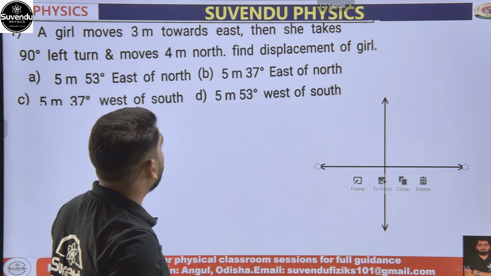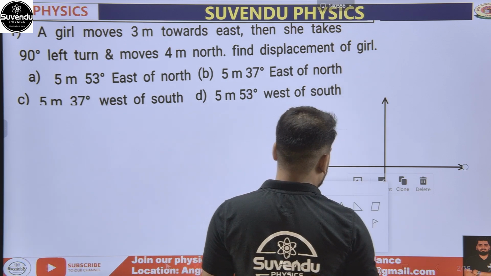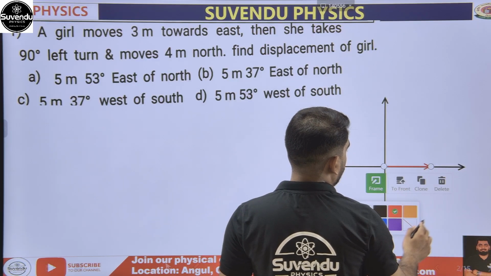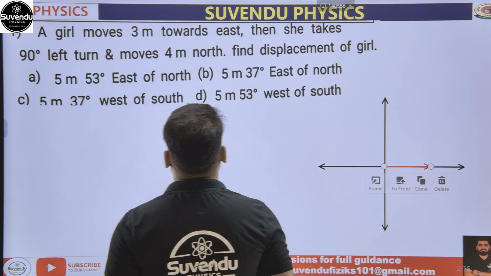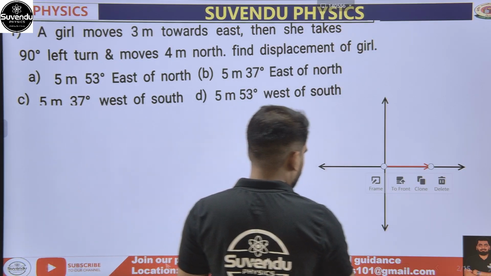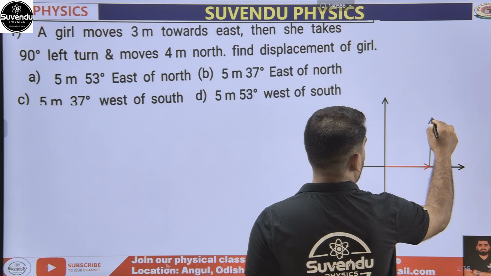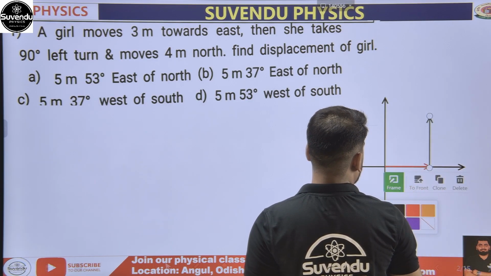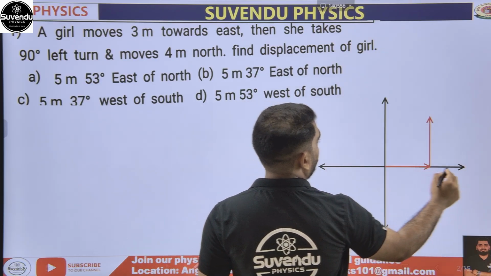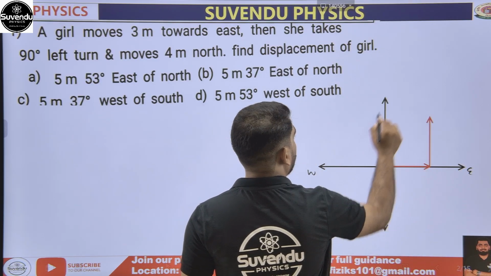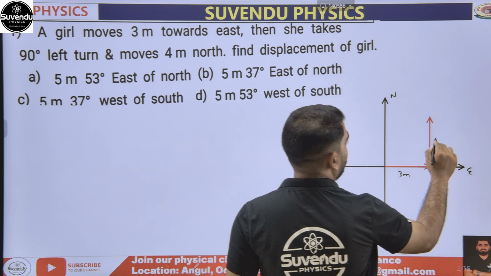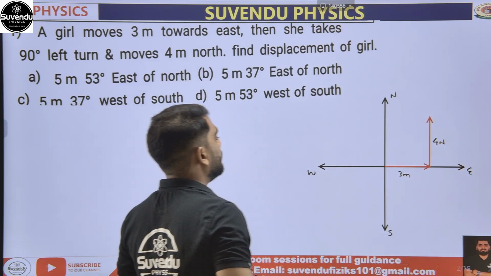A girl moves 3 meters towards east, and then she takes a 90-degree left turn, and moves 4 meters towards north. If you indicate it like this, this is east, this is west, this is north, this is south. This is 3 meters towards east and 4 meters towards north. I think it is clear.